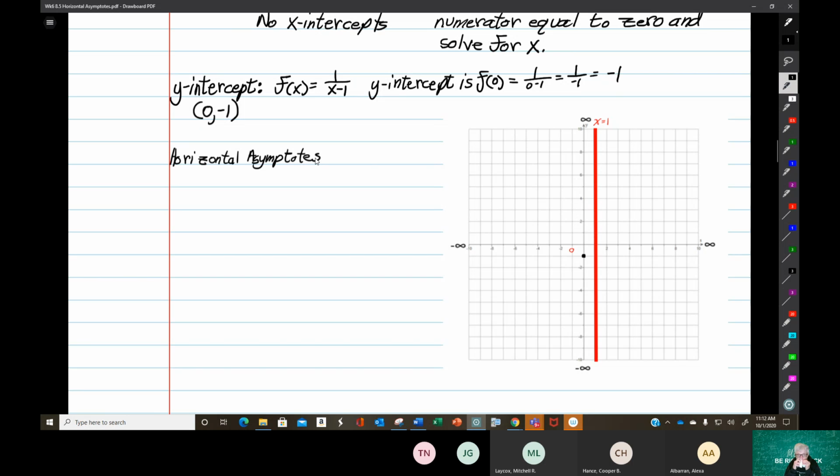Okay, so we look at f of x equals 1 over x minus 1, or at the original, you'll get the same answer. We have a number all by itself on top with no variable. That's a constant. The degree of a constant is 0.